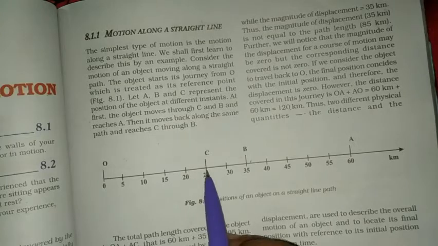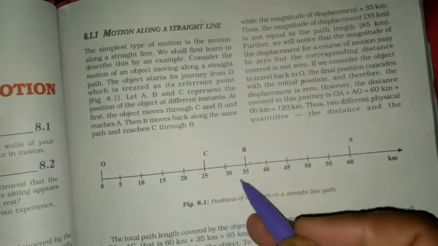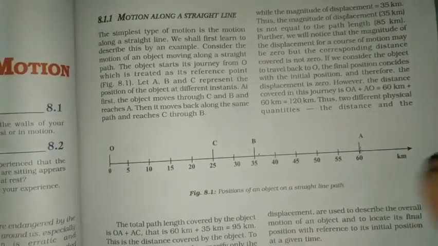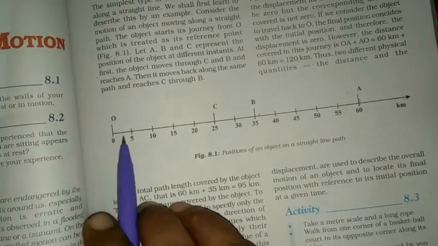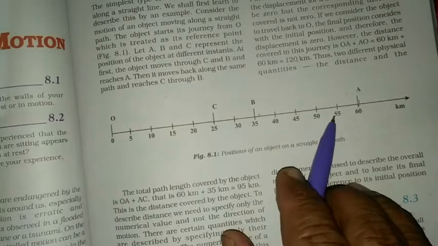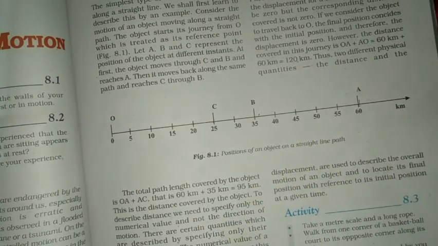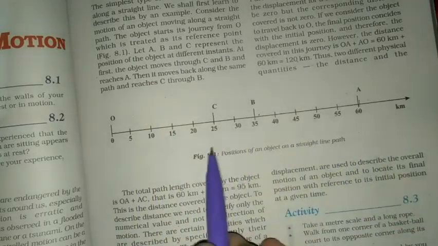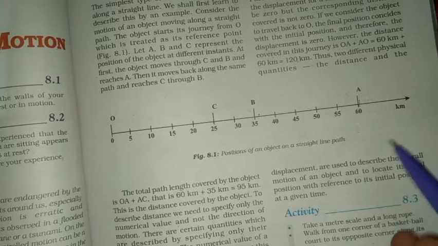At first it reaches point C, then point B, and finally it reaches point A. Thus we can tell that in such a case distance is equal to displacement. That means distance and displacement are equal according to numerical value, correct? Its distance is 60 kilometers and its displacement is also 60 kilometers.